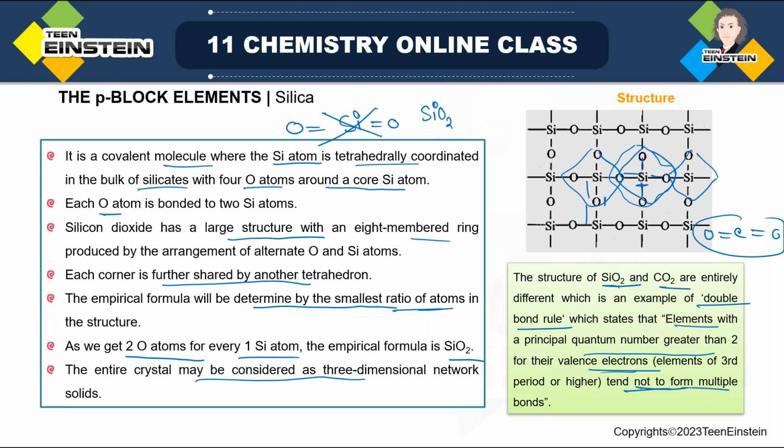So this is the actual reason, but it is known as the double bond rule, which says elements with principal quantum number greater than 2, for their valence electrons, will not take part in multiple bonds. That is why we have completely different structures for CO2 and SiO2, though both elements are from the same group 14. We will end the session here.